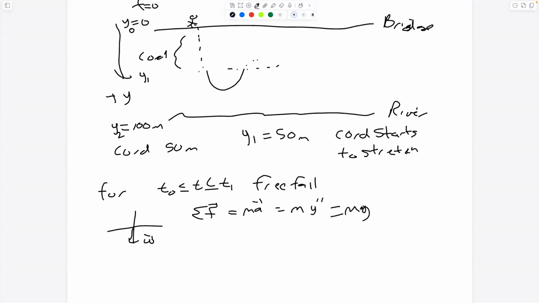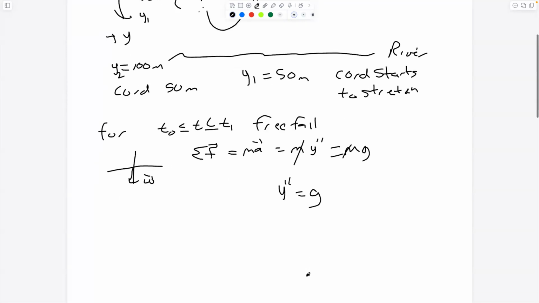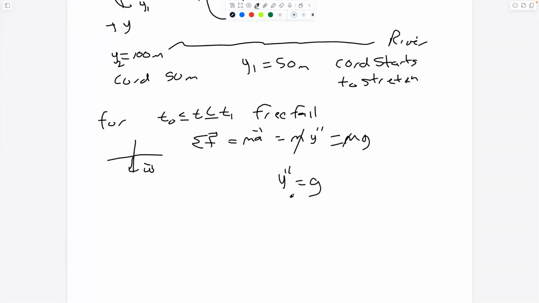And you might think, wait a minute, isn't that supposed to be negative mg? No, we call down the positive direction. Then we don't have to deal with a bunch of negatives. Now remember, y double prime, the m's cancel. You get y double prime equals g. Now, there are a bunch of different ways we could solve this. We could just integrate both sides.